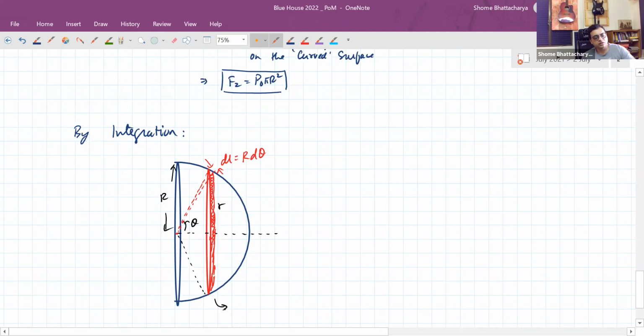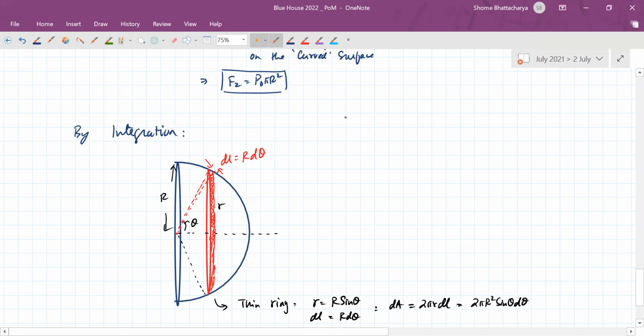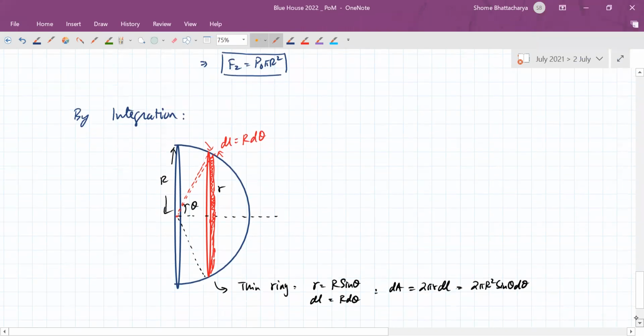So this thin ring has a radius small r, which is capital R sine theta, and a thickness dl, which is R d theta. So it has an area which is circumference into thickness, like this. This is the thin ring.